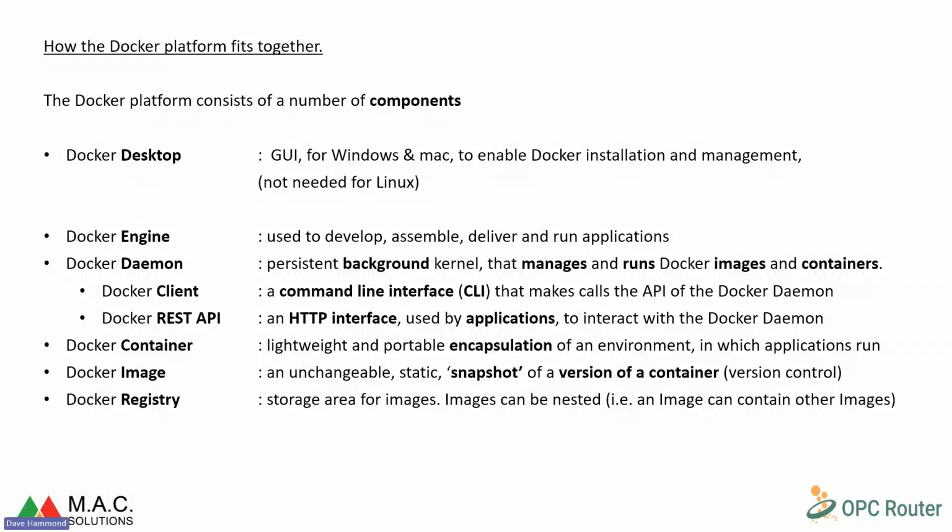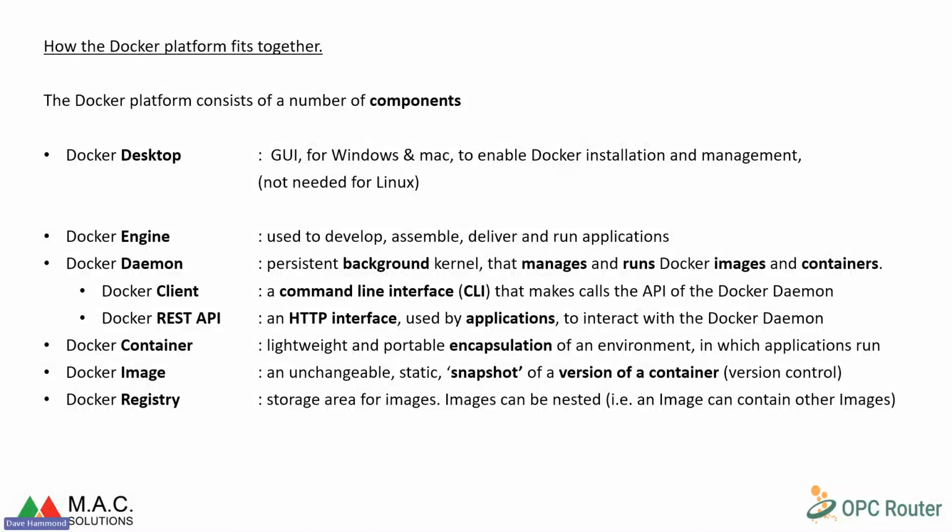The container itself is the encapsulation of the environment, and then you have what's called an image. The image is what's called an immutable image. It's unchangeable. Once you've compiled it and set it, it's not changeable.